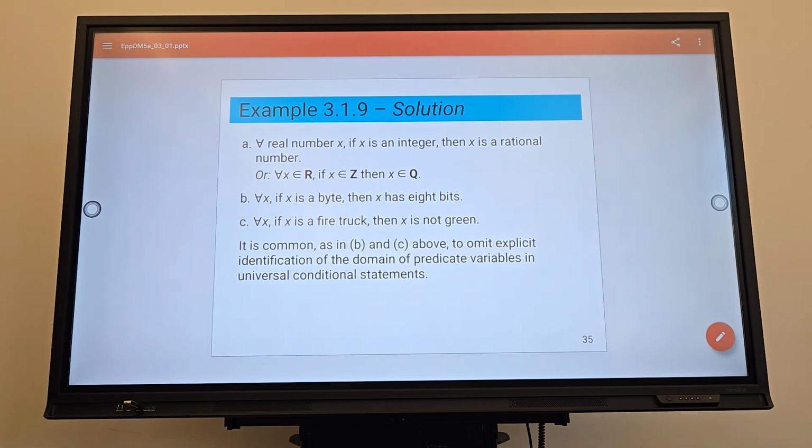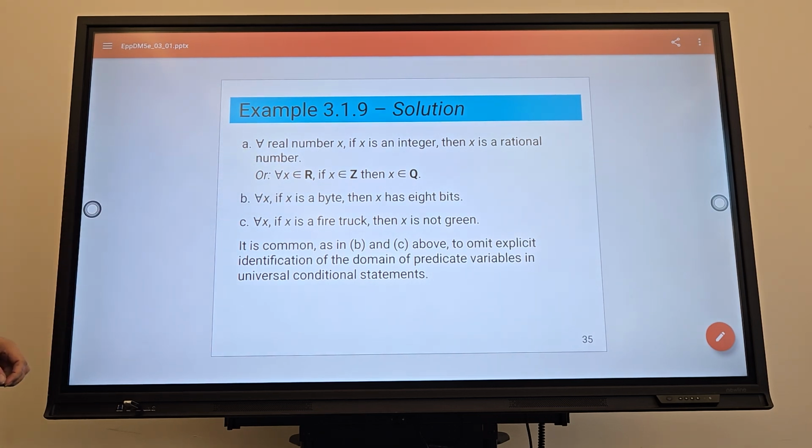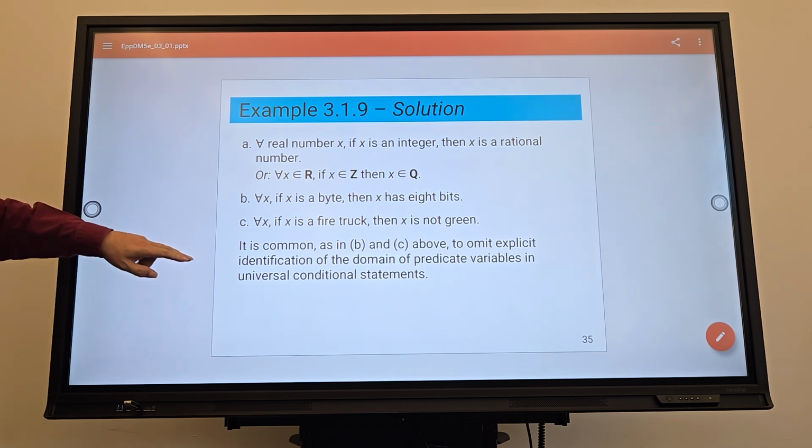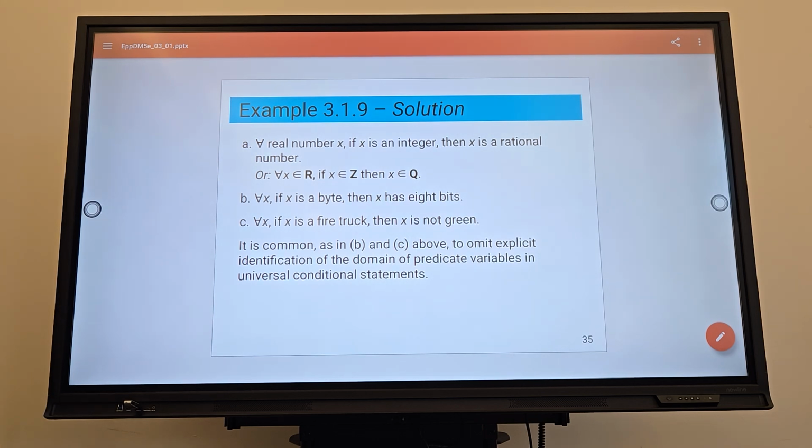It is common to omit the explicit identification of the domain of predicate variables in universal conditional statements if it is obvious, and it is not always obvious. So in the first one, you state the domain of x, and in B and C, you don't have to do it strictly.